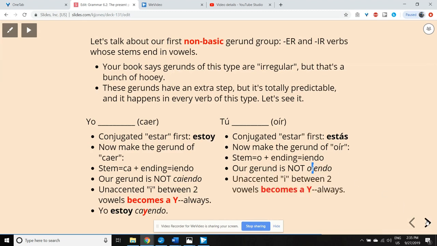And what did I just say? An unaccented I between two vowels always becomes the semiconsonant Y. Always. And so this is tú estás oyendo. Again, it sounds identical. The difference is in spelling. The unaccented I has become a Y. This is a mandatory spelling change. You have to make it, okay?